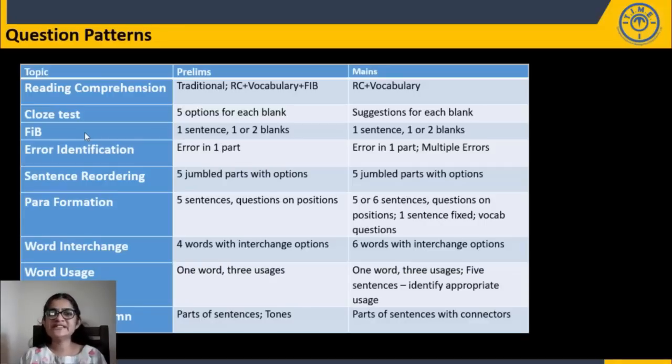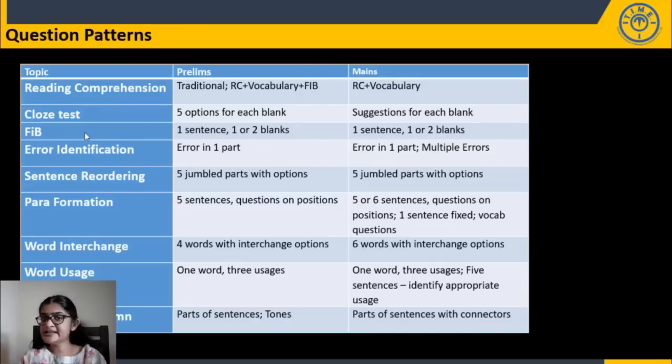The actual presentation doesn't matter if your concepts are strong. See, in fill in the blanks, you may be used to one blank questions. What if there are three blanks? Nothing is going to change drastically, right? Similarly, in reading comprehension, if they introduce some new question type, it is okay as long as you know to read properly, as long as you know to comprehend, as long as your comprehension is good, as long as your reading speed is good, the pattern does not matter.